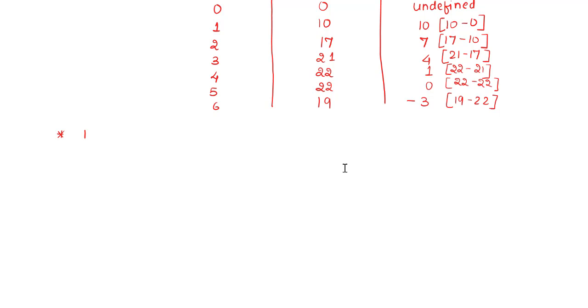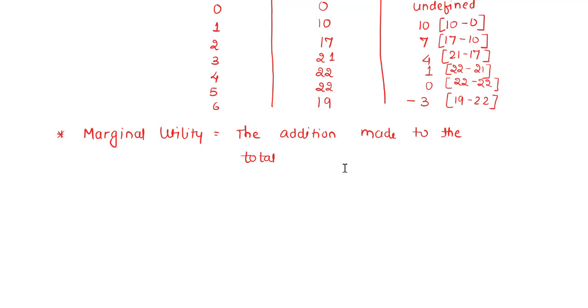So let's write along with me over here. In this case, marginal utility equals the addition made to the total utility by the addition of one more unit of a commodity.